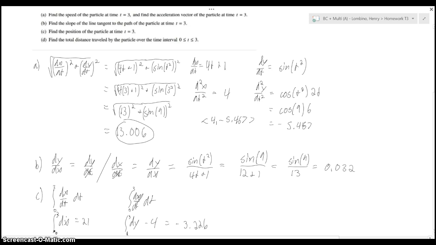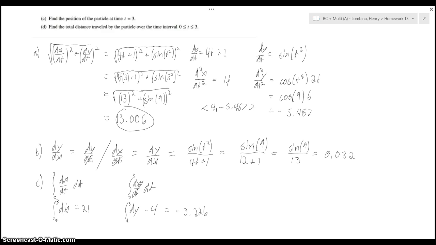I'm running out of time here, so I'm going to do this quickly. Find the total distance traveled by the particle over the time interval 0 to 3. Okay, let's do this. So how do you find the distance traveled by a particle?